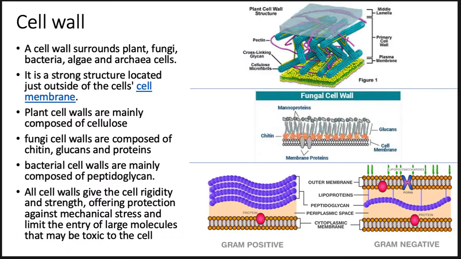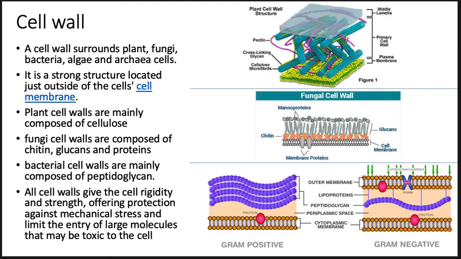Cell walls depend on the type of cell. Not all cells have a cell wall. But the different groups of organisms have their own characteristic cell wall. So remember, most bacteria have a cell wall. We saw just the one exception of mycoplasma. Everything else has a cell wall, and those cell walls will always be made up of peptidoglycan.